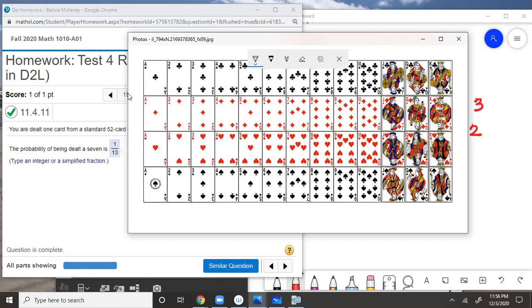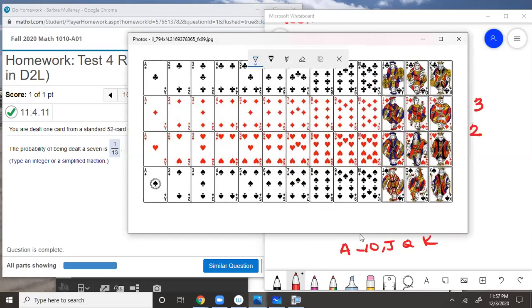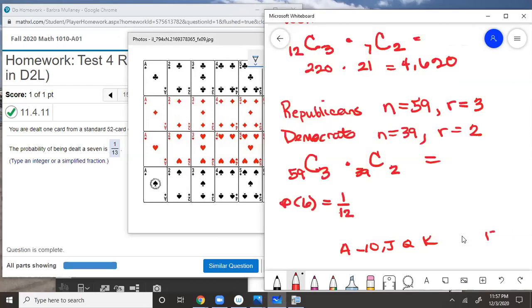There are 13 cards in each suit, ace through 10, jack, queen, and king. So we have 10 plus 3 here, so there's 13 cards in each suit. So we have 4 suits, so 13 times 4 is 52 total cards in a deck.